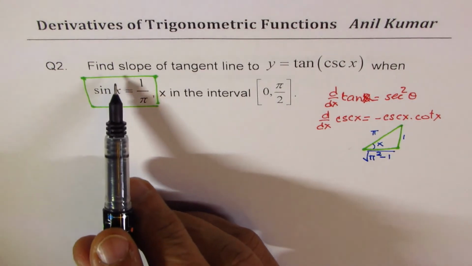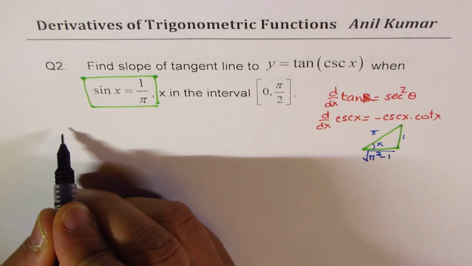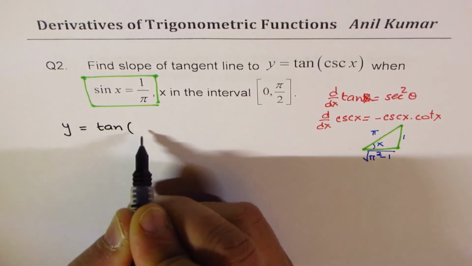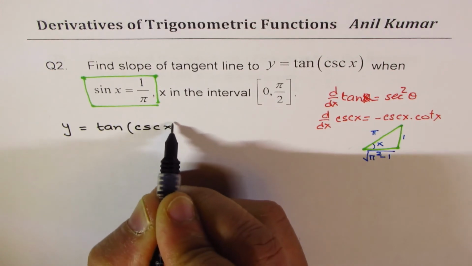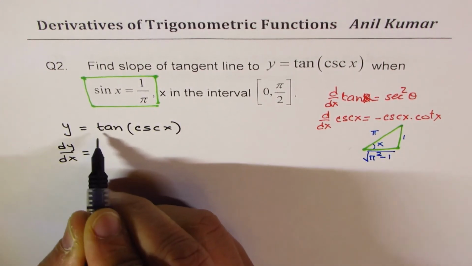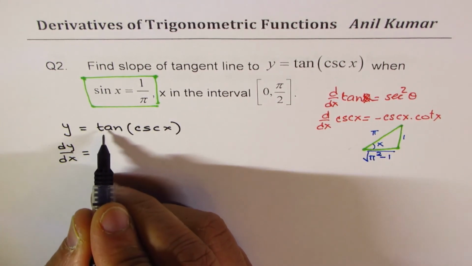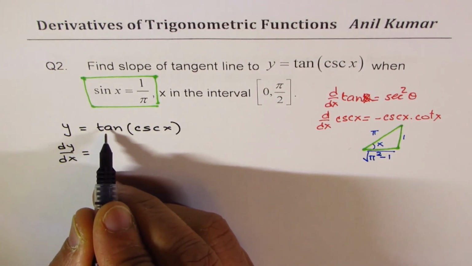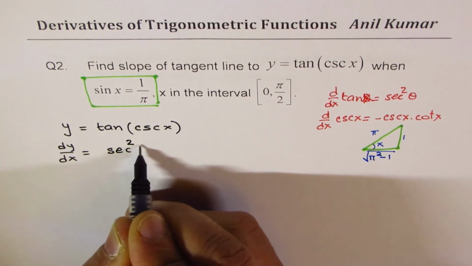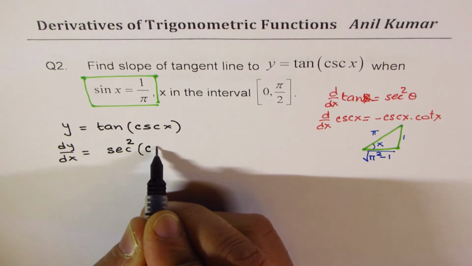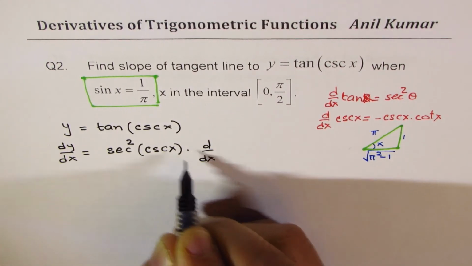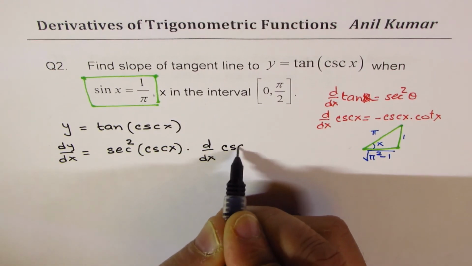Okay, so let's find the slope of the tangent line. We are given y equals tan of cosecant x. So dy dx is equal to the derivative of this. Derivative of tan theta is secant square theta, which is cosecant x, times the derivative of the inside function, which is cosecant x.